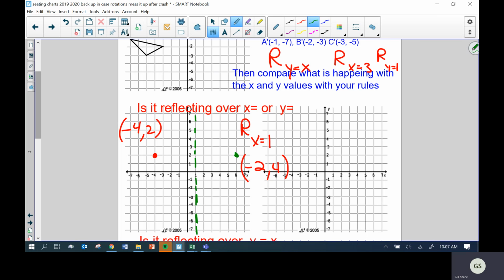So is that the correct answer? Ciara, is that the correct answer? Did I reflect? So this was my original point, and this is the second point. But the two was a positive, now it's a negative. Well, but I'm testing this right here. Did I reflect that over x equals 1?